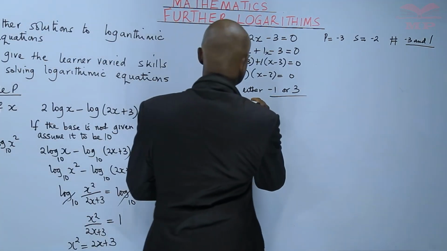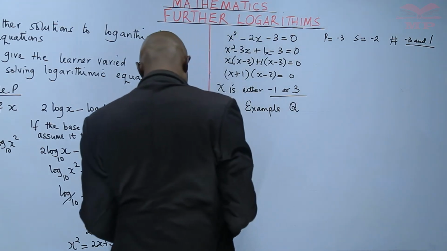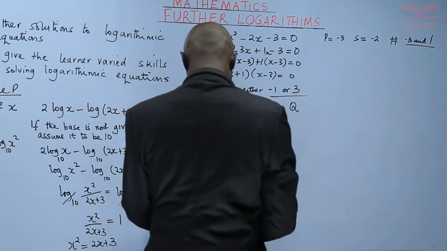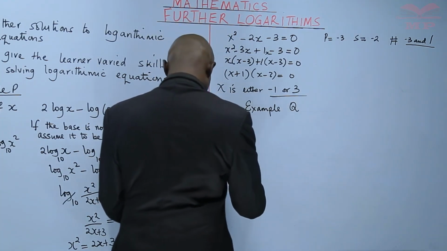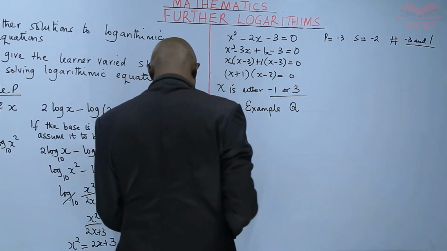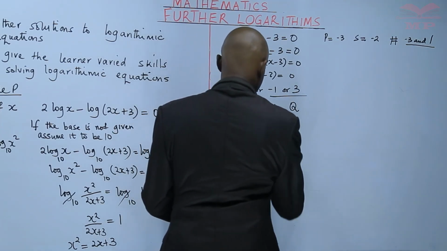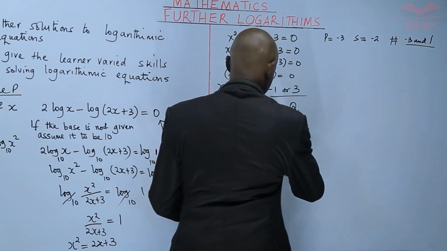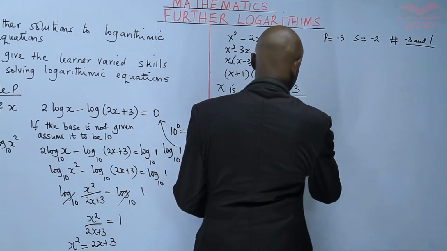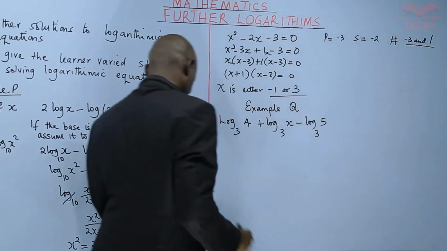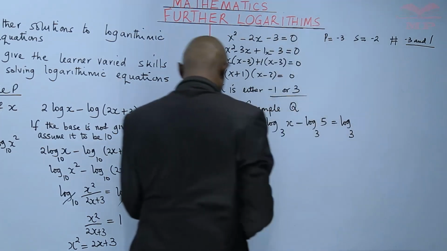Example Q, learner, where we have log base 3 of 4 plus log base 3 of x minus log base 3 of 5 is equal to log base 3 of 2.